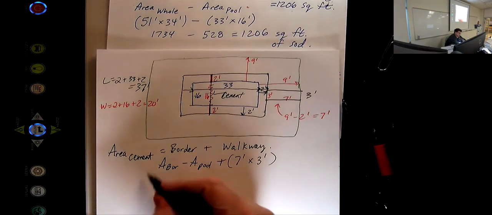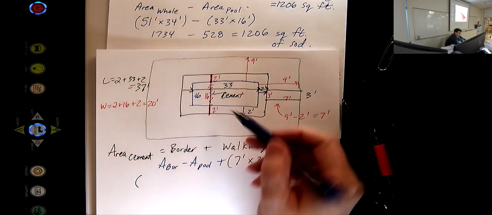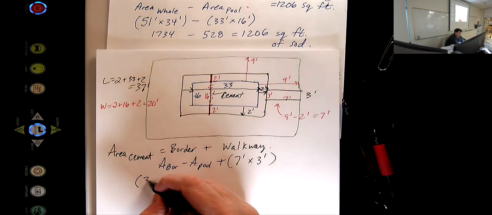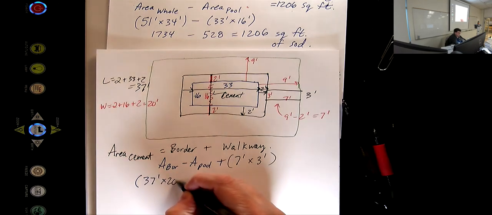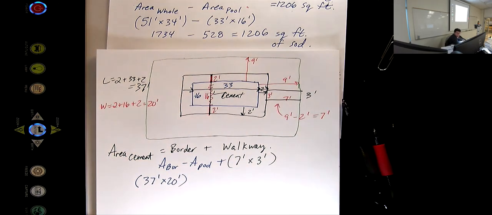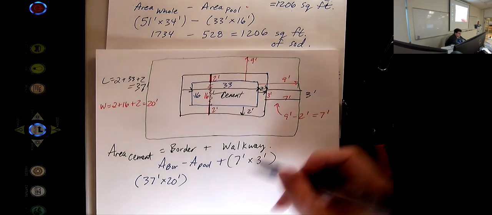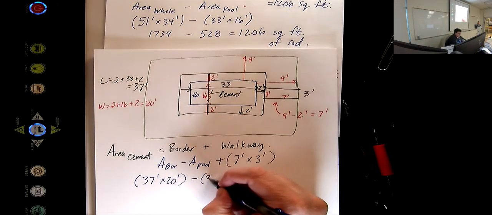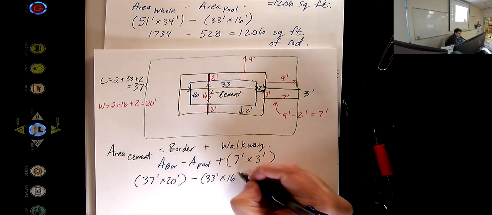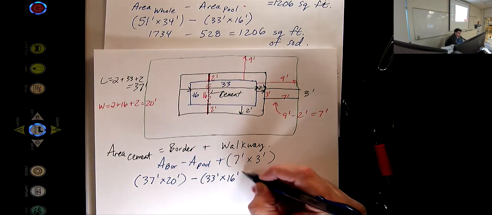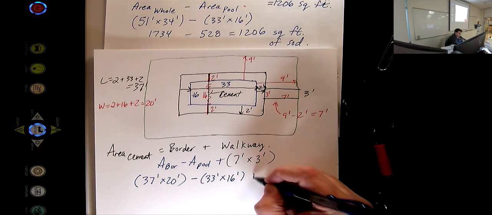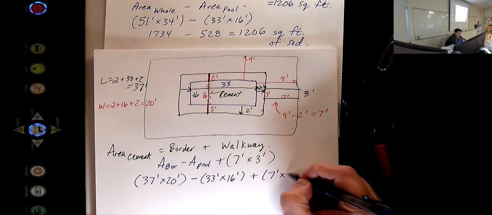So the area of the border is we've got 37 feet by 20 feet. The area of the pool, I'm gonna write it, but we've already calculated it. But if you started right here, you'd be starting here anyways. And then we've got the plus the 7 feet by 3 feet.